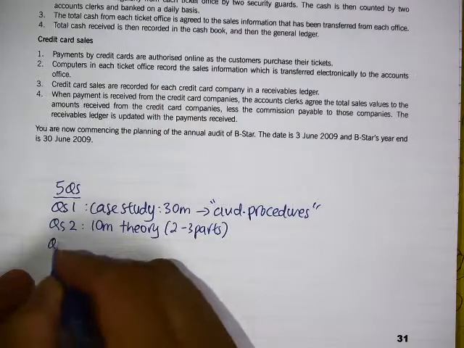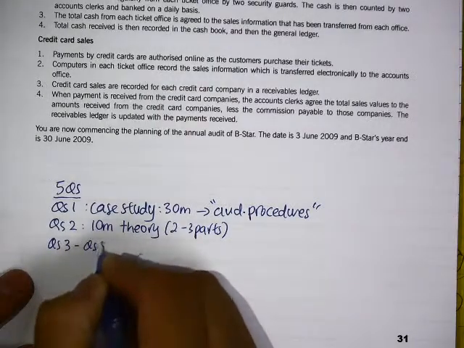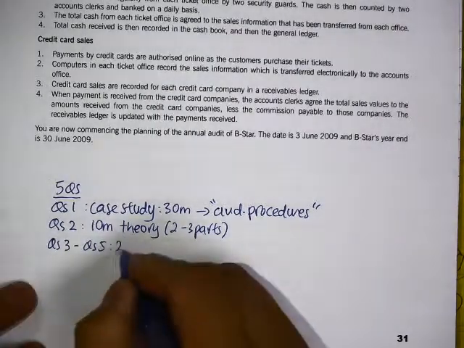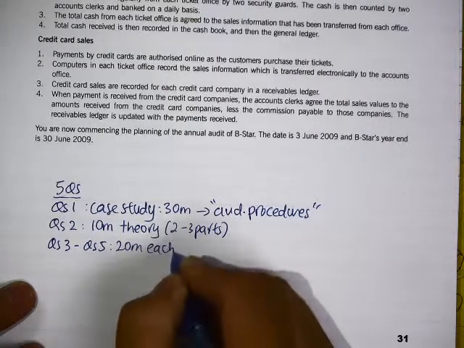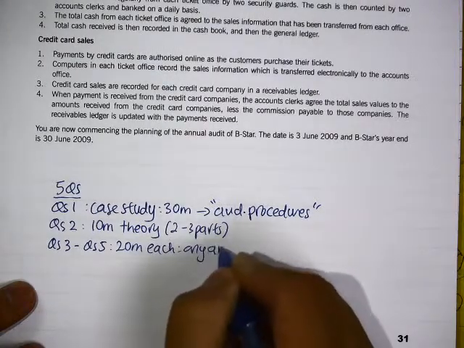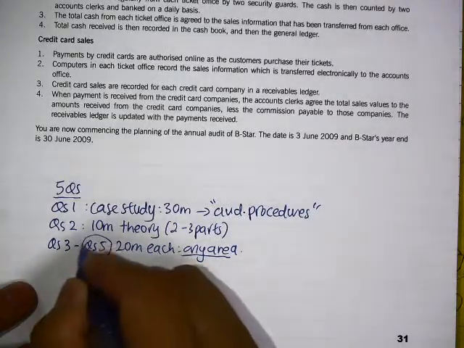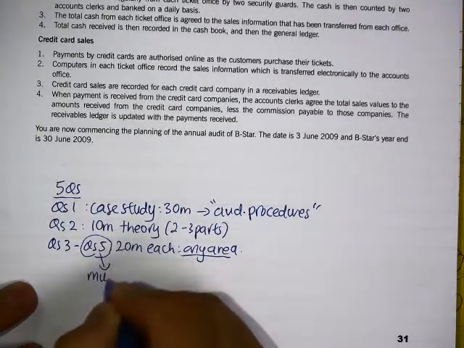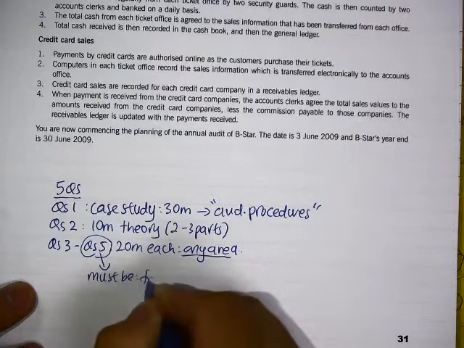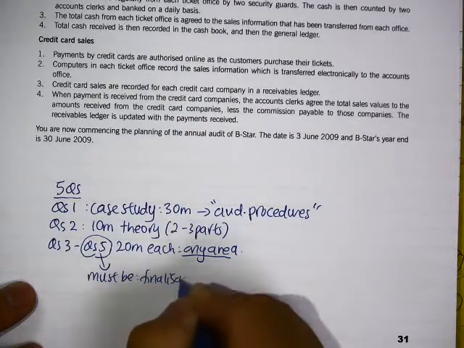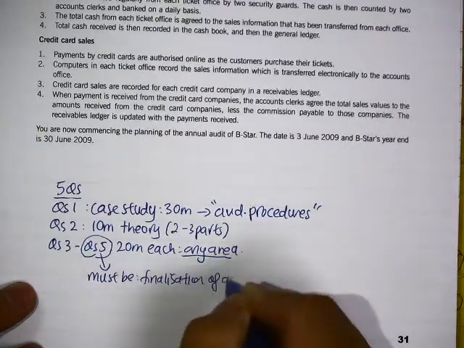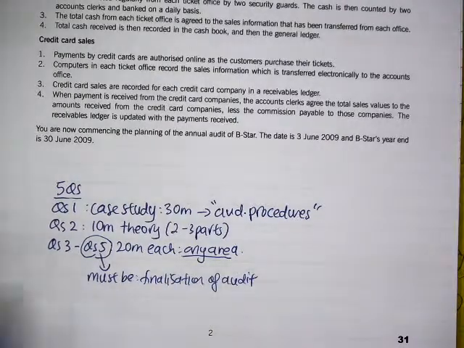Now question 3 to question 5 are 20 marks each, and they can be on any area, but question 5 must be on finalization of audit. So what is the finalization of audit?